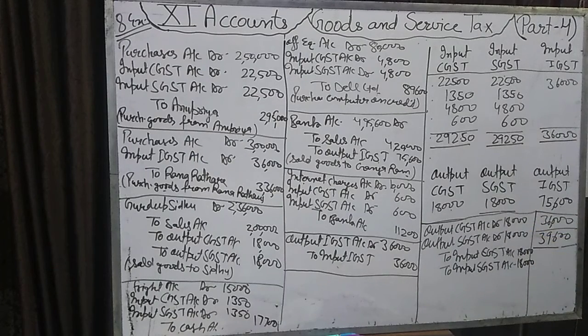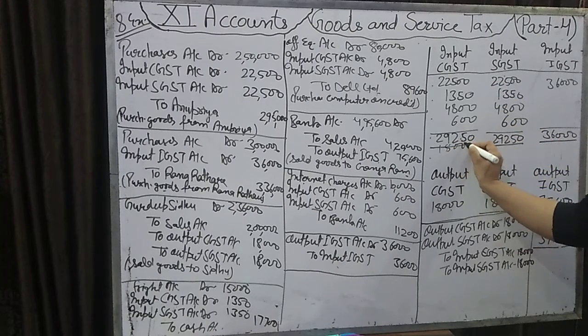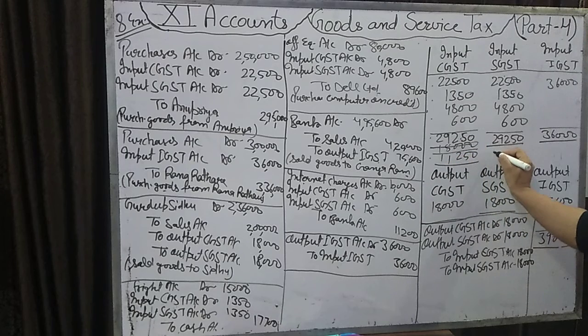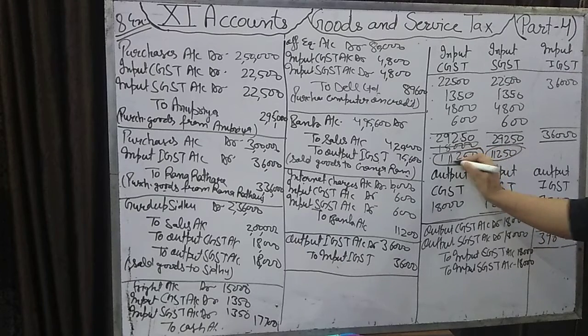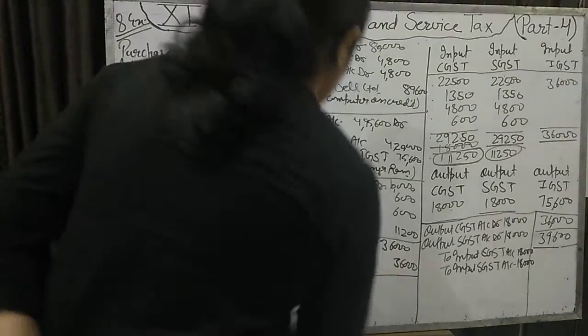Now we will pay nothing to the government out of output CGST and SGST. Now how much is remaining? We had input GST 18,000 which we have adjusted. Now we have a balance of 11,250 here and 11,250 here. From this we will adjust the output IGST that remains unadjusted. For that, which entry will we pass?